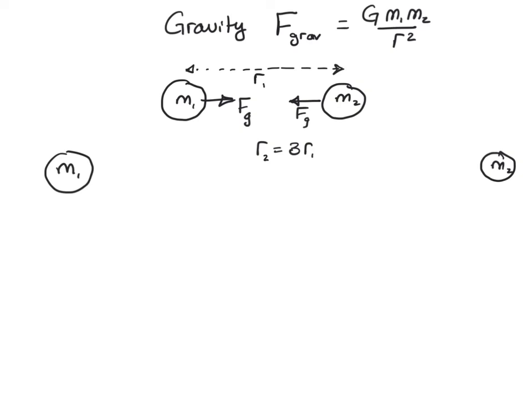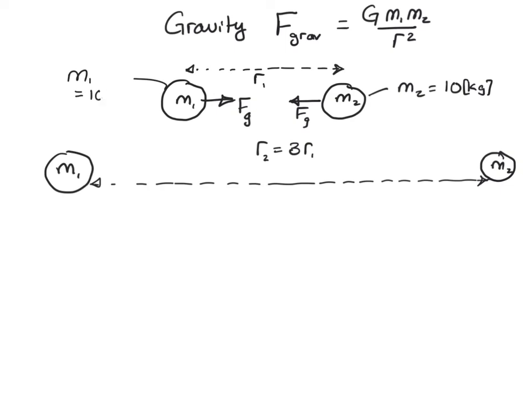So the masses haven't changed, but the distance has gotten quite a bit bigger. So now I know what to do. I'll give mass values here. M2 equals 10 kilograms. M1 equals 10 kilograms. And we keep these masses the same, but we triple the distance between them. So I think I can see right away what to do.